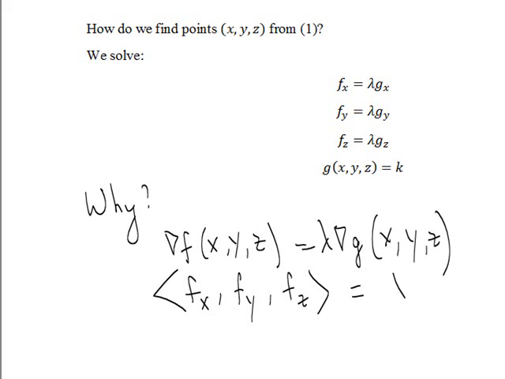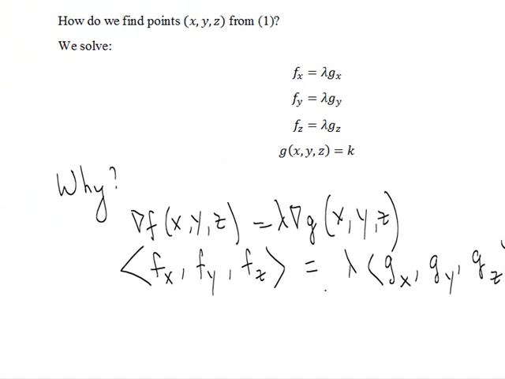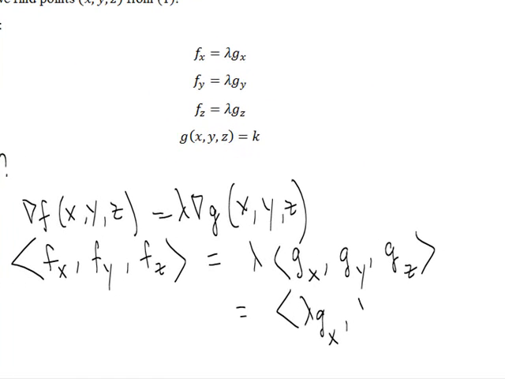And over here it would be lambda times the vector g sub x, g sub y, g sub z. And so this says equal to, multiply everything by lambda: lambda g sub x, lambda g sub y, lambda g sub z.